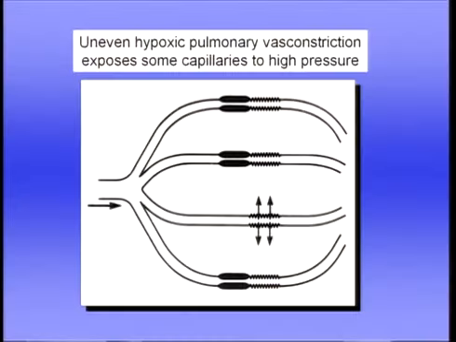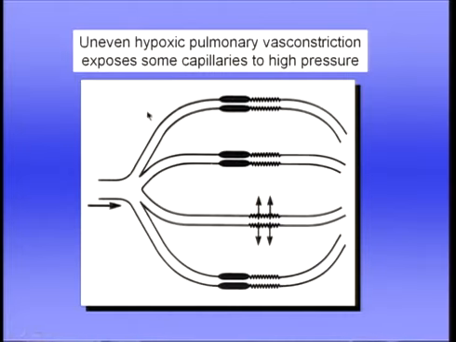At high altitude, the pulmonary vascular resistance increases, pulmonary artery pressure increases, and there's no clear advantage in that at all. In fact, there is a serious disadvantage in some people, and the reason is shown here. It turns out that in some people, the hypoxic pulmonary vasoconstriction is uneven.